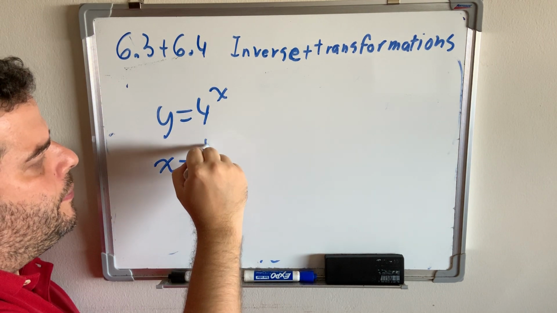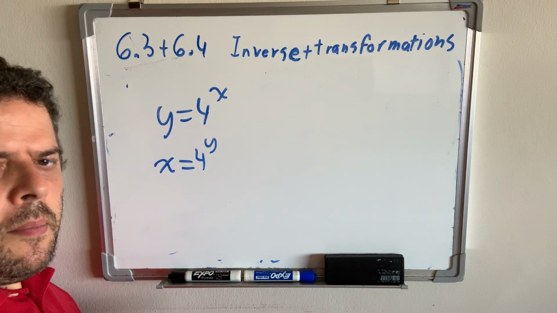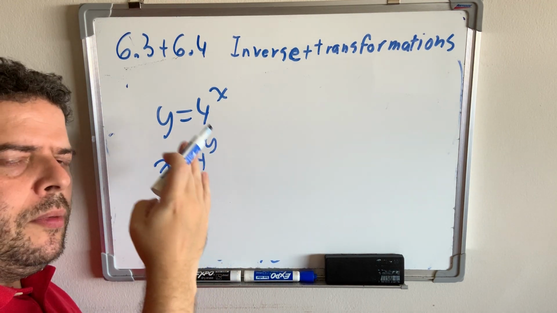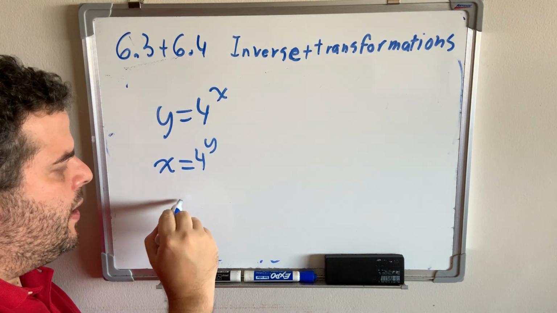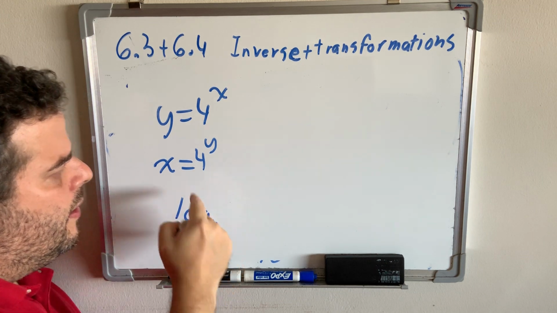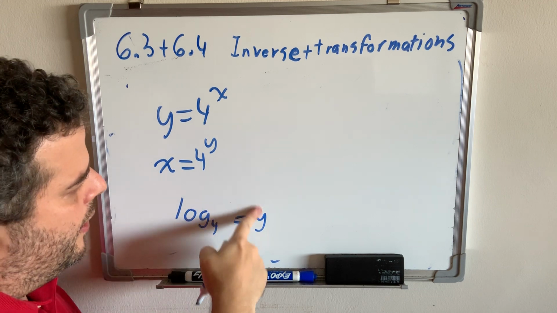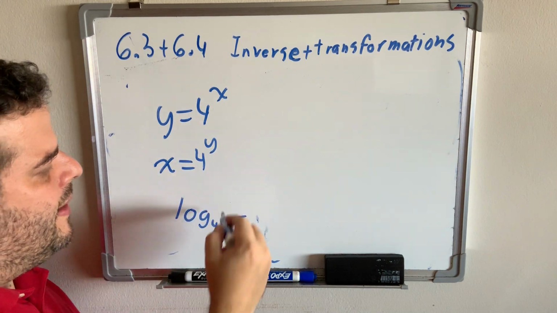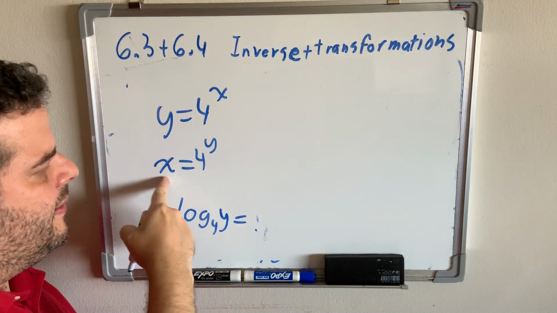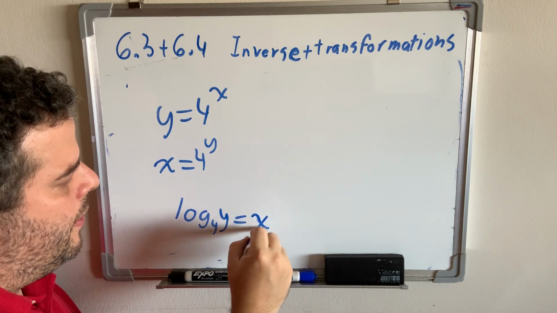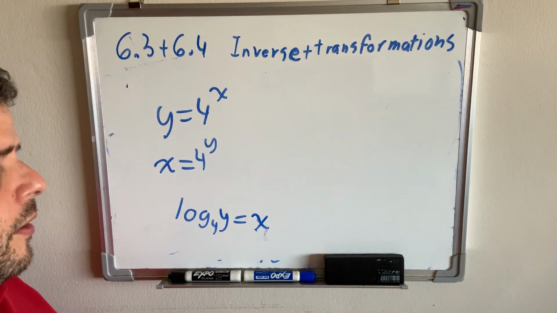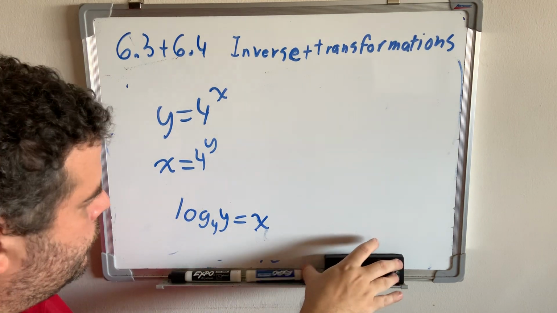Flip your letters. By definition, normal exponent, this becomes the base of the log. This letter's on this side, it ends up over here. This letter's on the right-hand side, it ends up at the left-hand side. This letter's on the left-hand side, it ends up on the other side. Okay, that's all you have to do, pretty much.